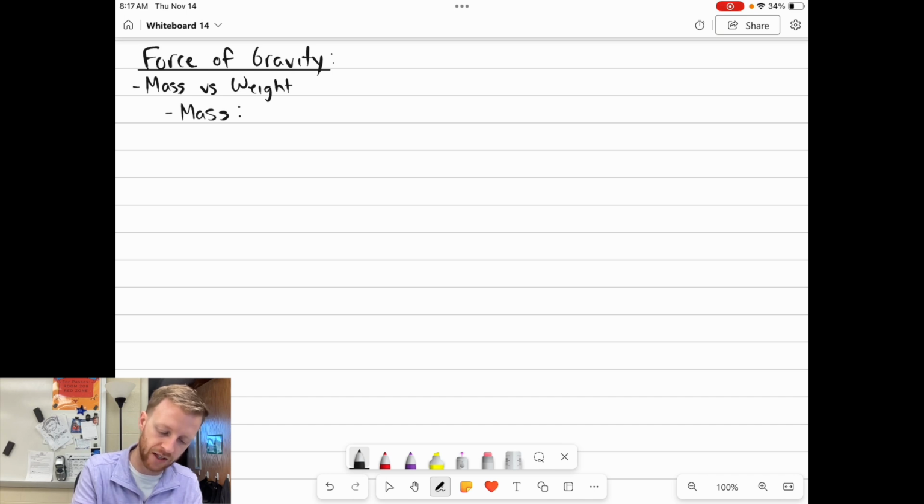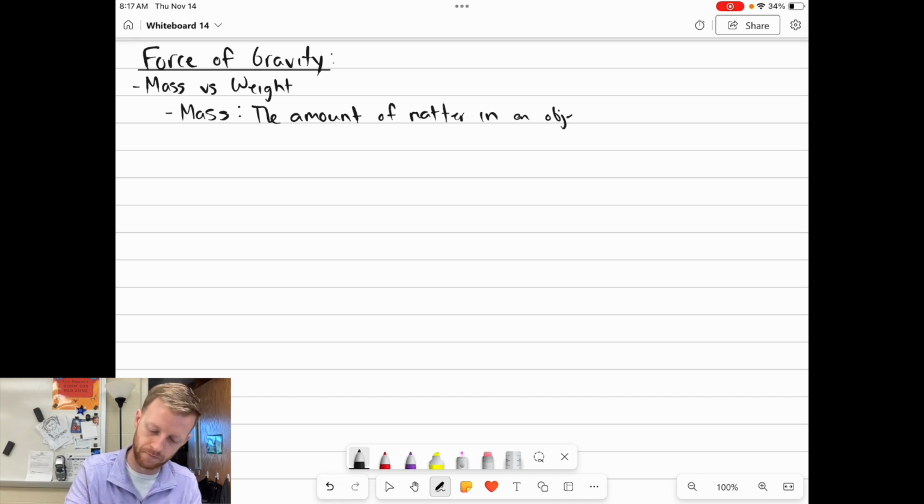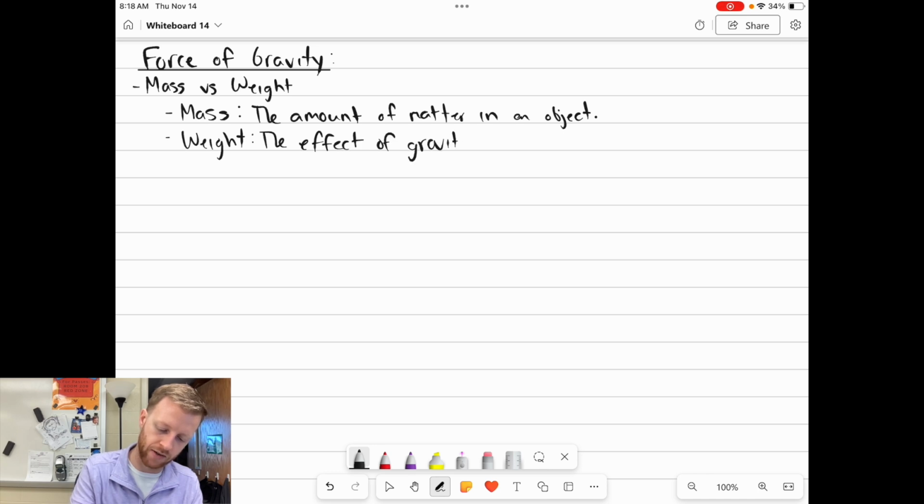So what is mass? Well, thinking back to your chemistry class, mass is the amount of matter in an object. Now, as opposed to weight is the effect of gravity on an object's mass.